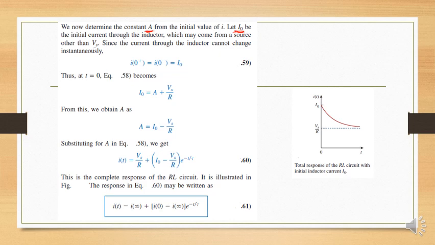Same source V of S. Since the current through the inductor cannot change instantaneously, I of 0 positive is equal to I of 0 negative is equal to I naught.